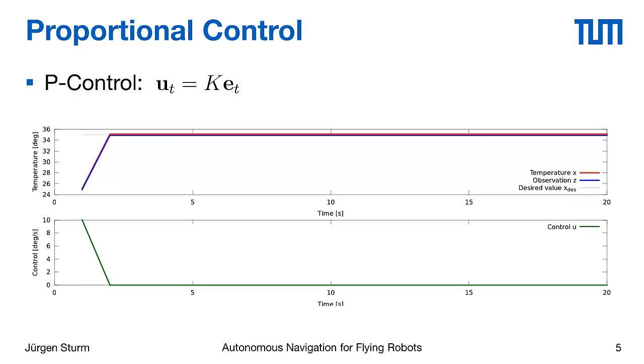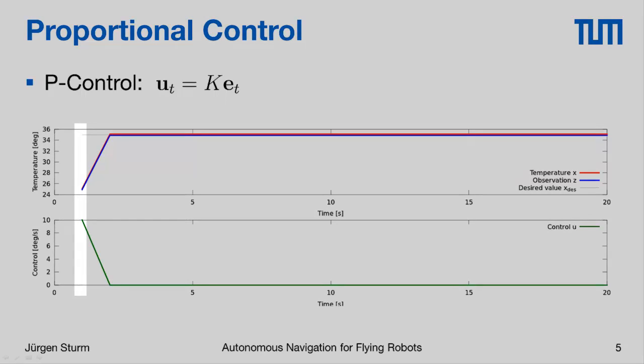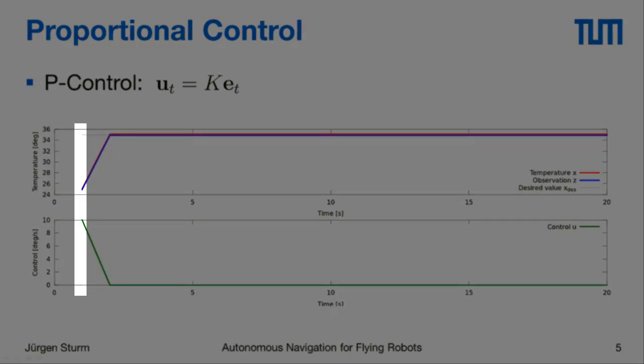In the first plot, we assume we have this control law where the control output just depends linearly on our error. Now imagine that we start at, say, 25 degrees and we want to achieve 35 degrees in the shower to have it comfortably warm. Then in the first time step, the algorithm would compare the observed temperature 25 to the desired value 35 and find that there is a difference of +10.